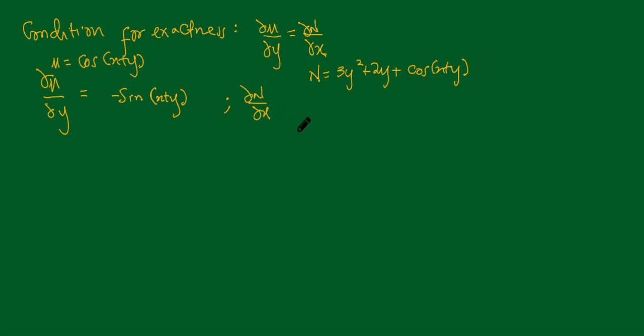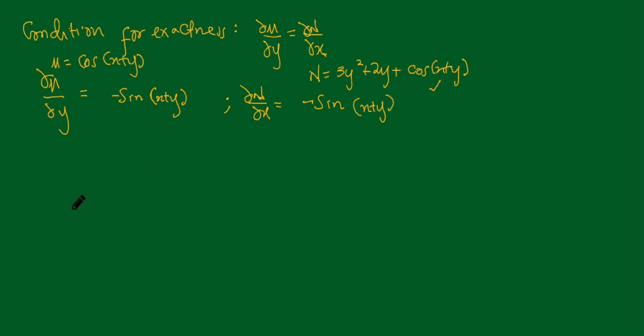Now, if we want to differentiate this with respect to x, remember that we are keeping y constant. So the first two expressions here will be 0 because they are purely functions of y, and differentiating them with respect to x gives 0 since y is a constant. So we ignore that, and we have just the derivative of cos(x + y) with respect to x, which gives minus sin(x + y).